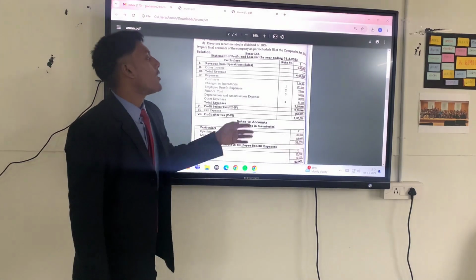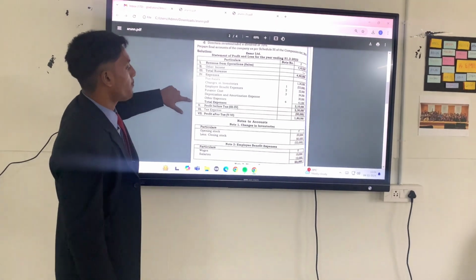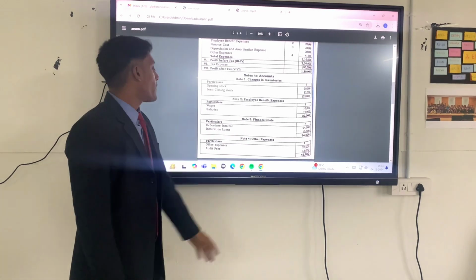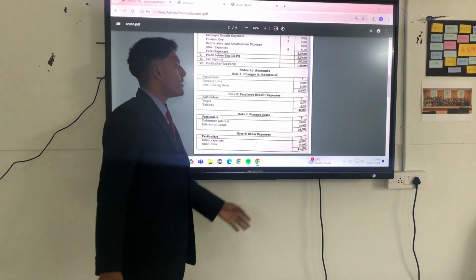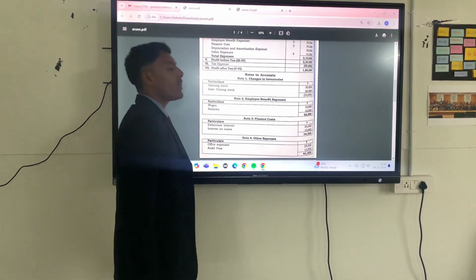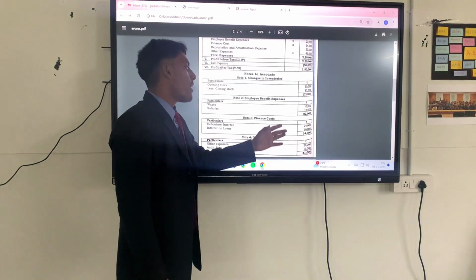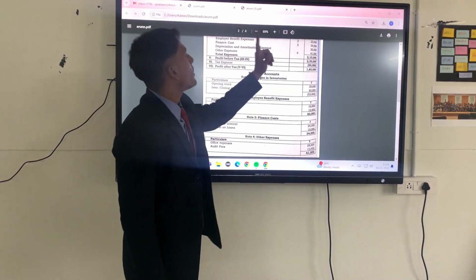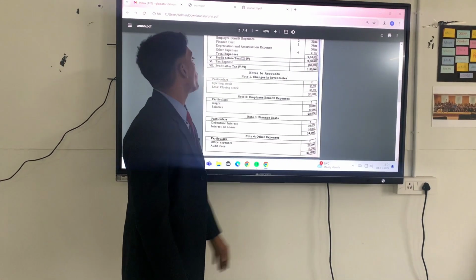This also has a note number, so we can go through it. Here, finance cost: debit interest is 24,000 in the question. Then interest on loan is 10,000, and we add both, that is 34,000, and show 34,000 in the profit and loss account.